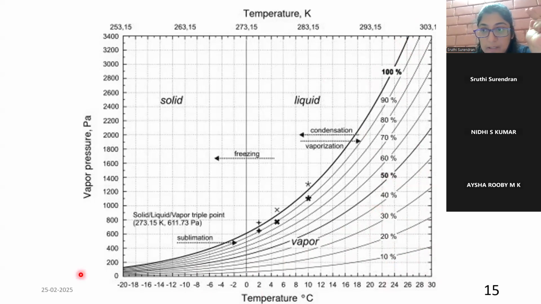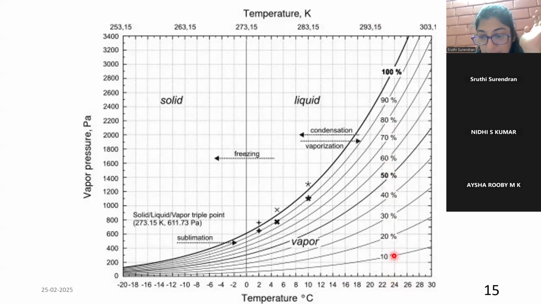X-axis is giving us the temperature. Y-axis is giving us the vapor pressure. Now, I did say that relative humidity at a particular temperature is different. You can see it at 24 degrees Celsius, there is 10, 20, 30, 40, 50, 60, all sorts of relative humidity is there.